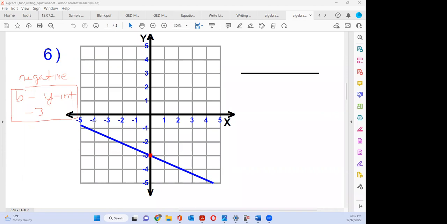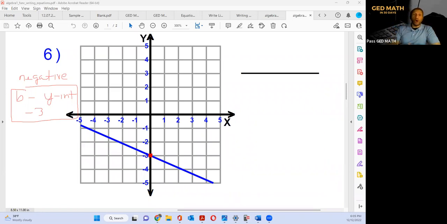How did you get 4? Remember, a line has an infinite amount of points. The only point that we see on this graph right now is right there.